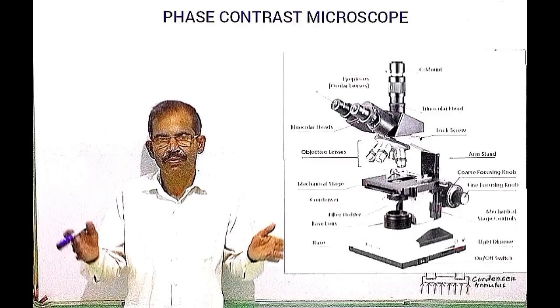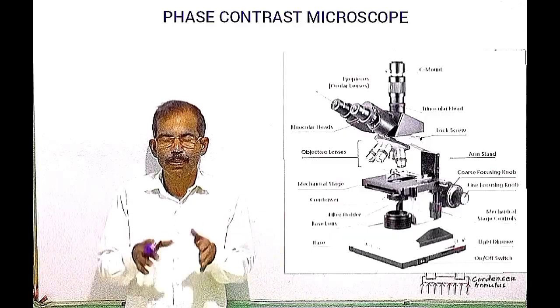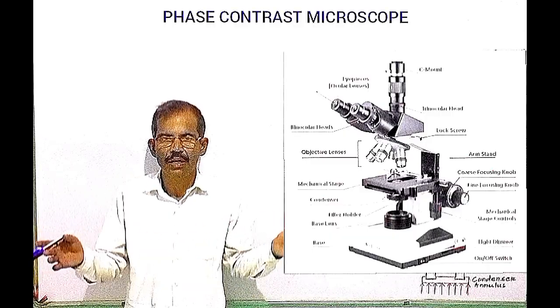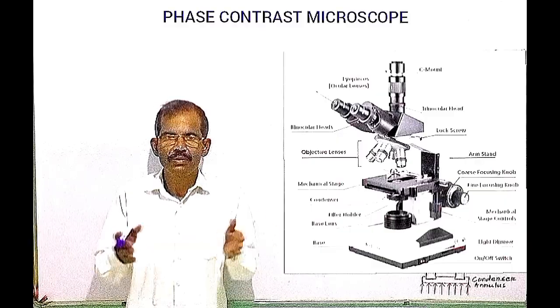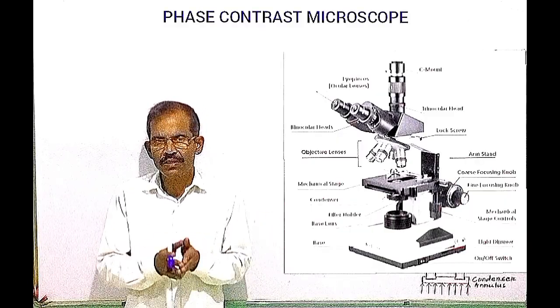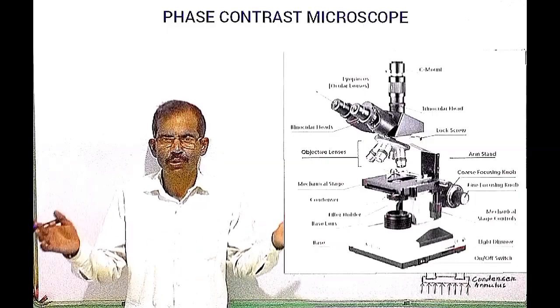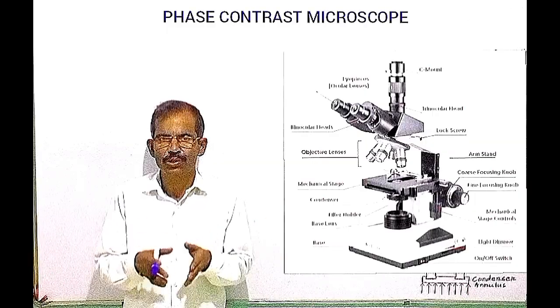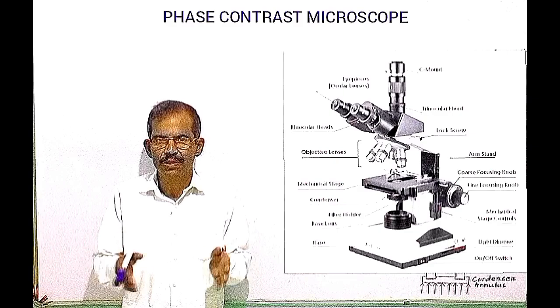The technique of phase contrast is widely applied in biological and medical research throughout the fields of cytology and histology. As such, it is used to visualize living cells, tissues, and microorganisms.